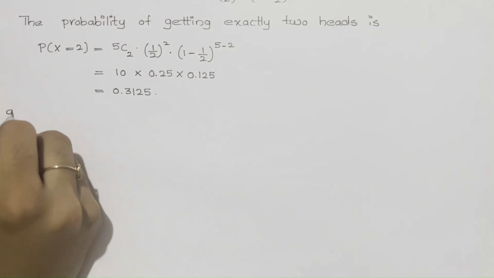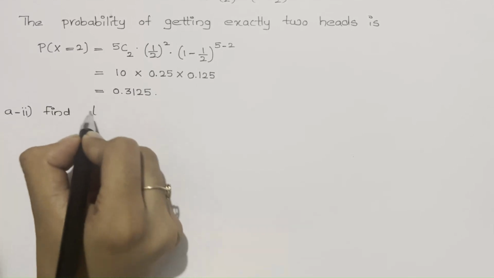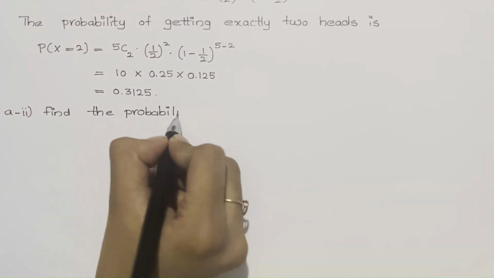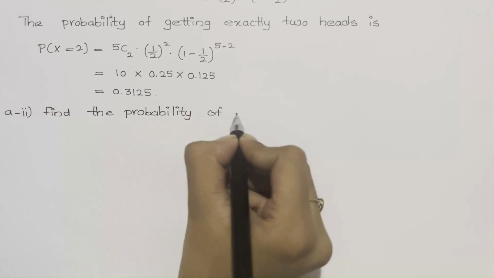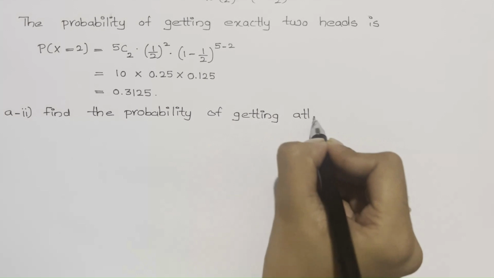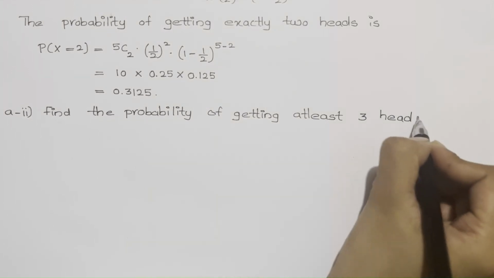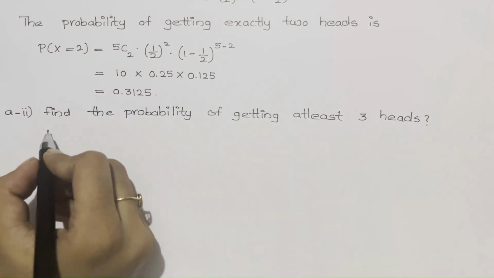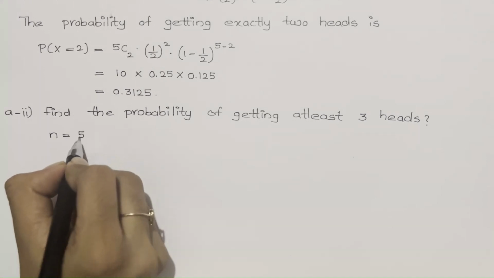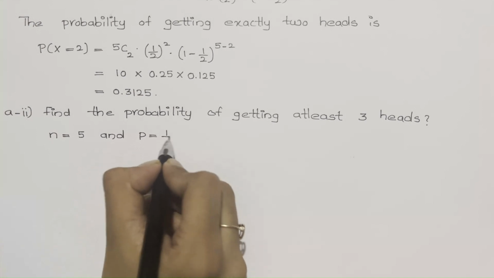Now, the next question is, find the probability of getting at least 3 heads. From the above solution, we get number of trials n equal to 5 and probability of getting a head equal to 1 by 2.